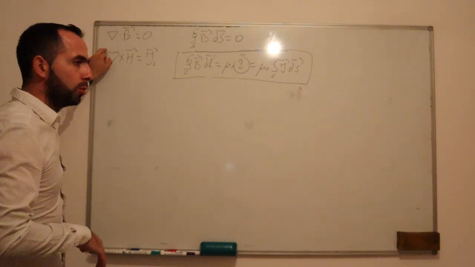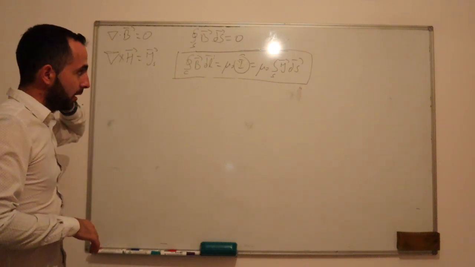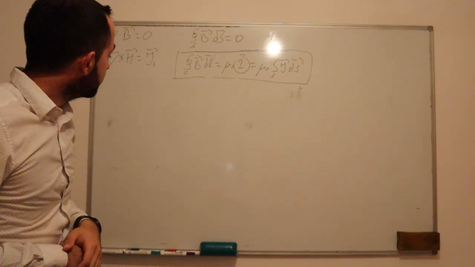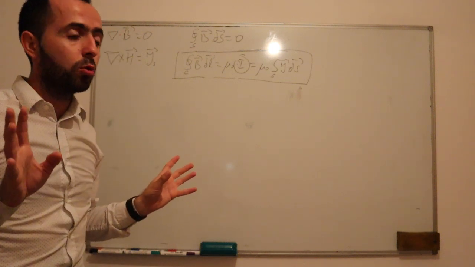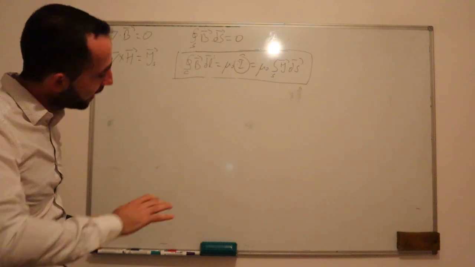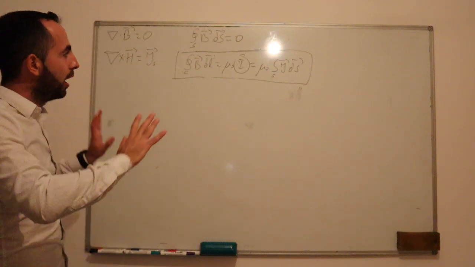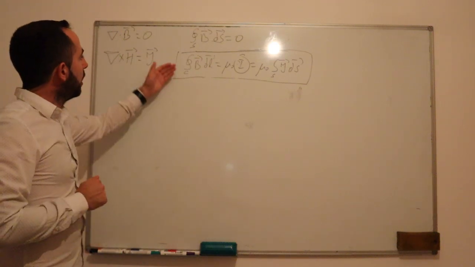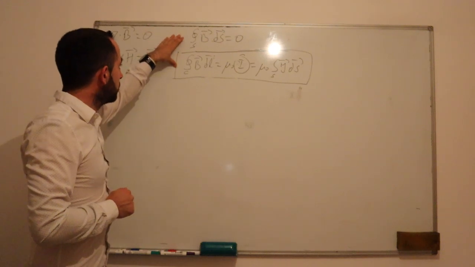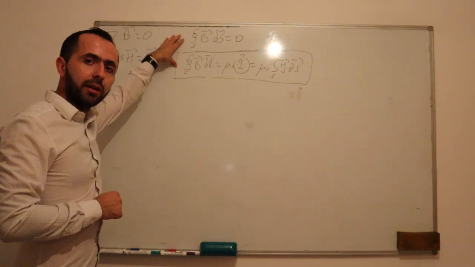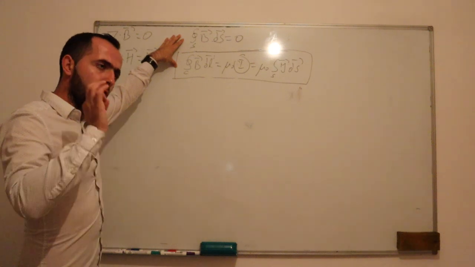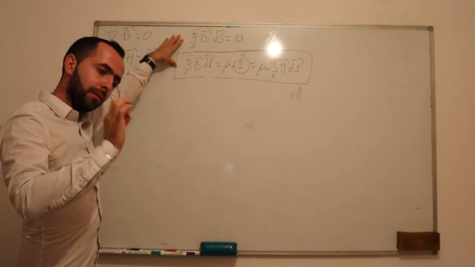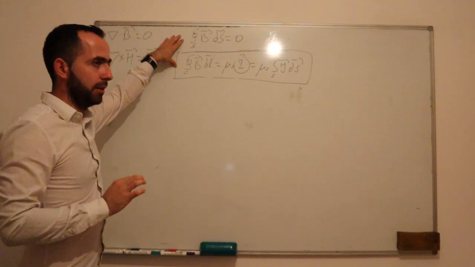Then we will use these equations and analyze everything through Maxwell's equations. But that's after all of this. What we will use are these integral equations for magnetism with direct constant current.